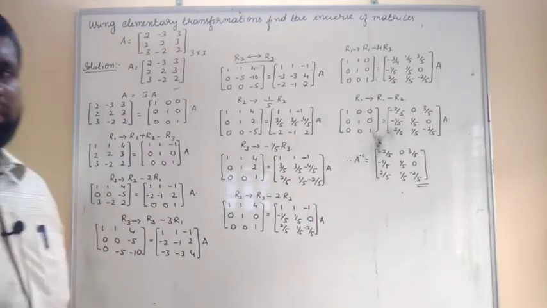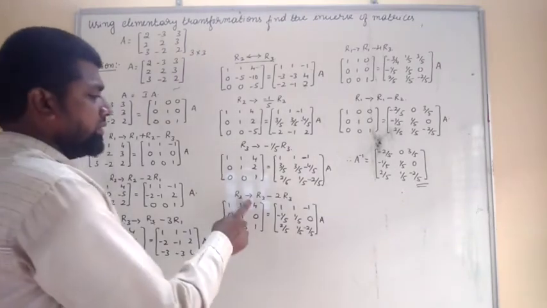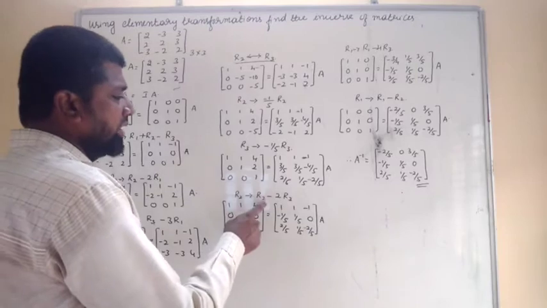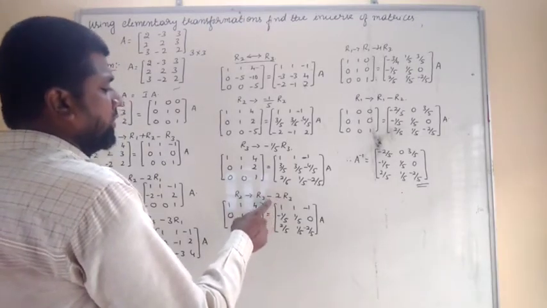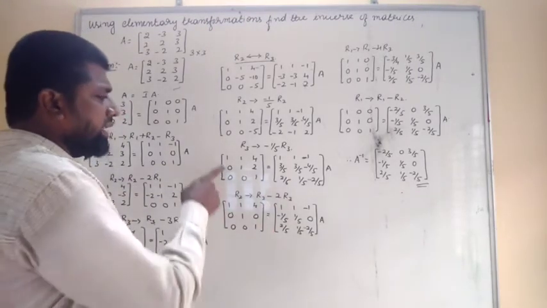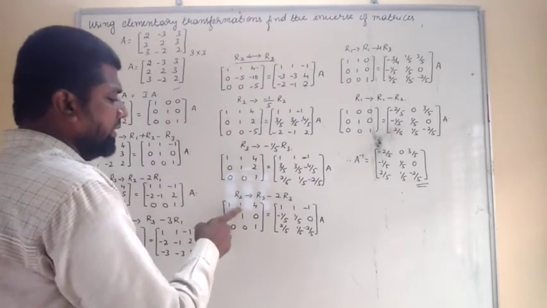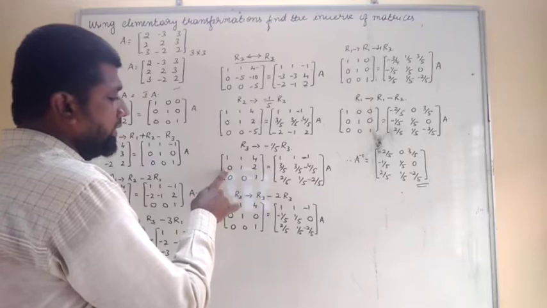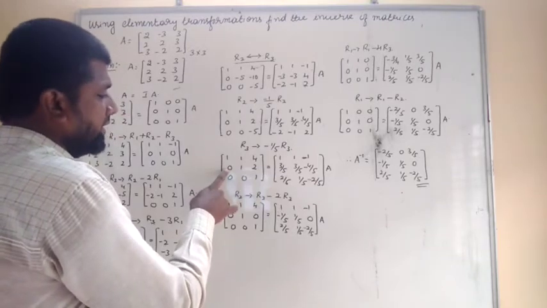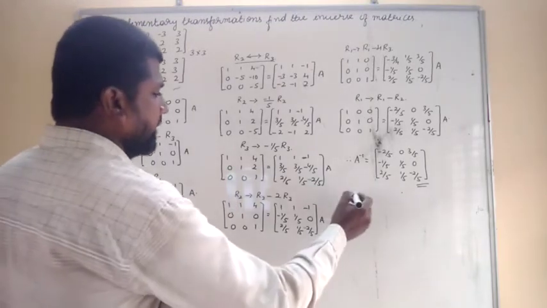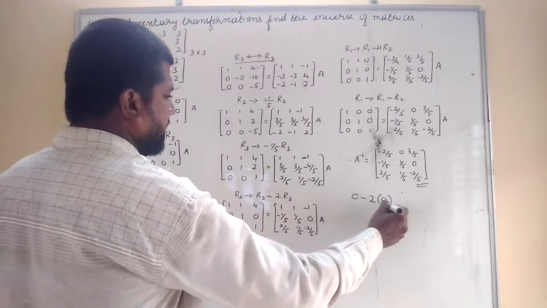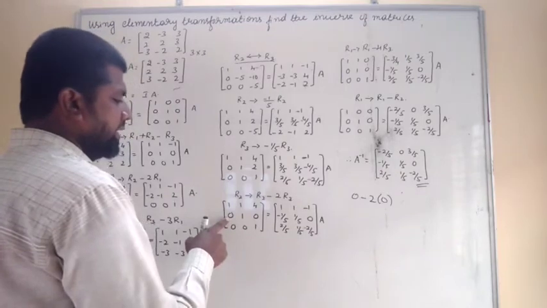Then let us go for the next step here. Row 2 changes to row 2 minus 2 R3, so R2 should be changed with R2 minus 2 R3. Let us write the first row 1 1 4 which I have written here. I have to change the row 2 elements. 0 minus 2 into 0 means you are getting the second row first element as 0.